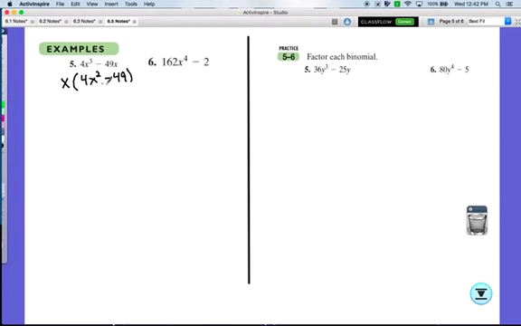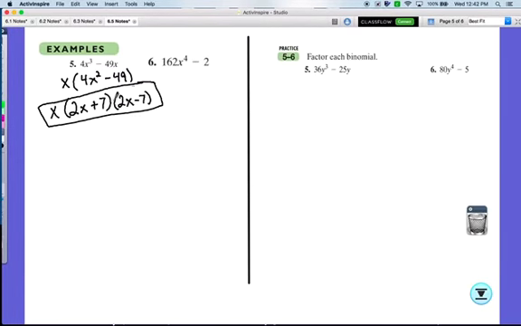But I'll look at it, hey, that'll actually factor further because 4 and 49 are both perfect squares, and there's a minus in the middle. So I'll have the x out in front, and then the square root of 4 is 2, so 2x. Square root of 49 is 7, so plus 7. And then turn around and do 2x minus 7. And now we're factored completely.